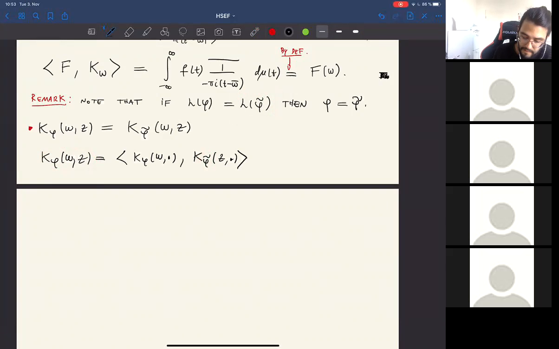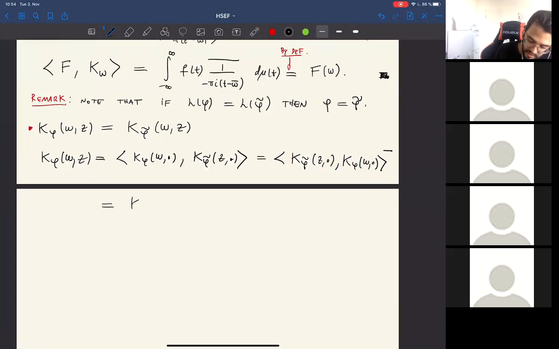But then, if you do the simplest trick you can think of, just take the conjugate. Now inside the conjugate, you are taking the inner product of this function against this kernel. Therefore, it has to be just this function evaluated at w.